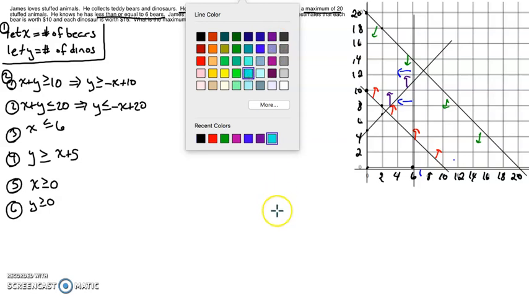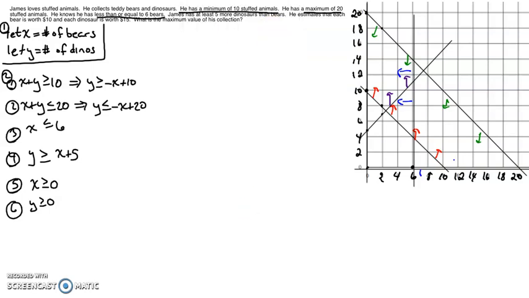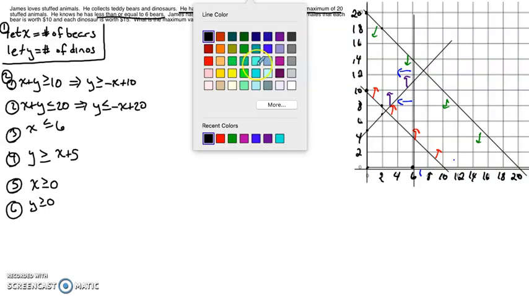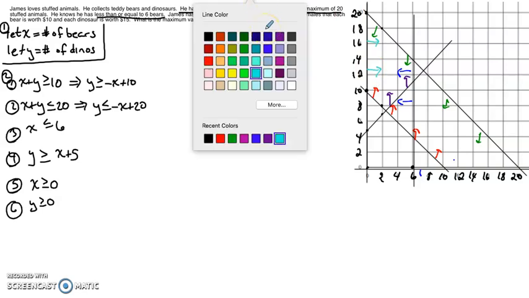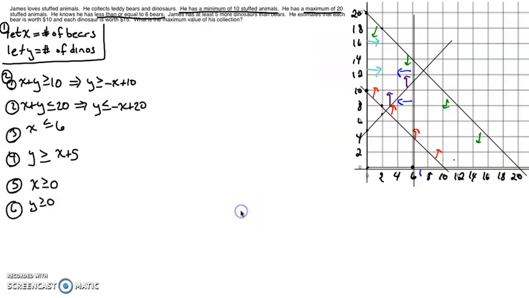Maybe some turquoise arrows this time. And we'll draw them greater than, so we're heading to the right. So the area where all of our shading overlaps is in here.